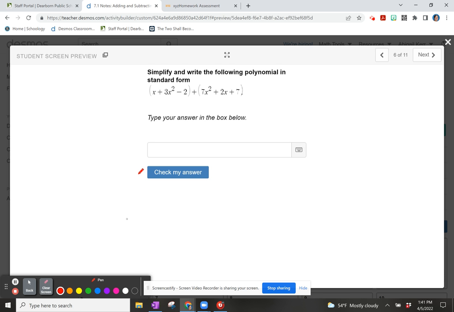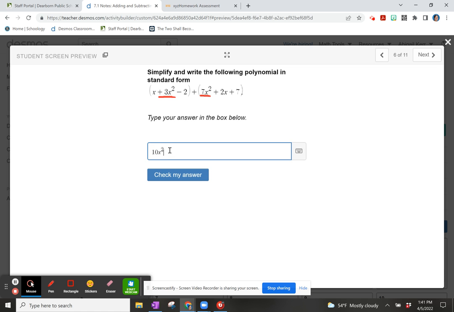So like terms for this one, start with the highest exponent, 7x squared plus 3x squared gets you 10x squared. Go down the road to x, and then 1x plus 2x gets you a 3x. And then lastly, the negative 5 plus 7 gets me positive 5.